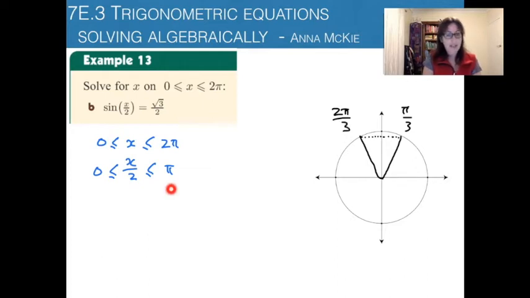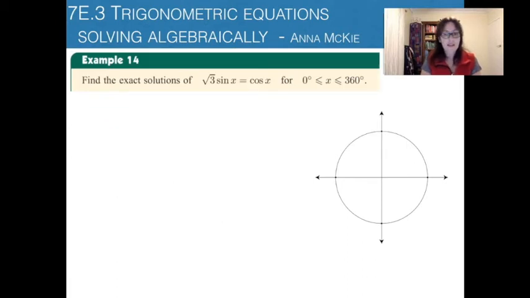Now we have to take it into account for pi, and that's fine, it'll be those two there. So write that out, that's actually x over 2 will be equal to pi on 3 and 2 pi on 3 in the domain of pi, or 0 to pi. And to finish it off, you multiply each of these by 2. And there are 2 answers to fit in the domain of 0 to 2 pi.